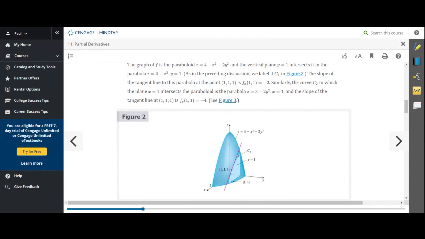They've drawn a tangent line. So what's the slope of this tangent line that you see in figure 2, the tangent line to the surface at that point? What would the slope of that tangent line equal?